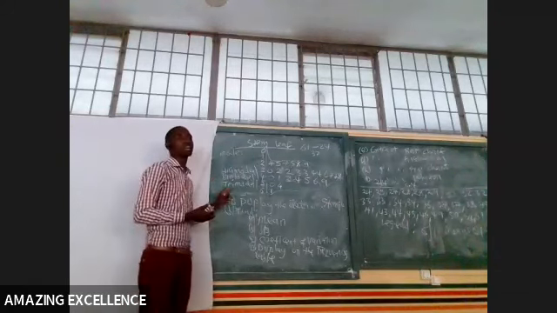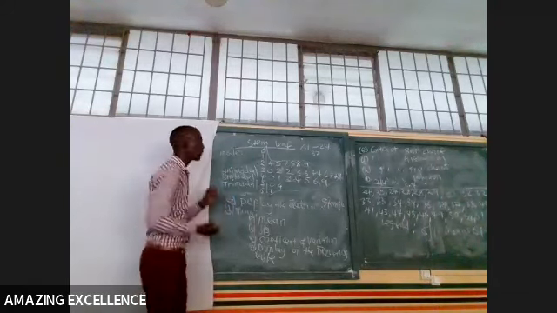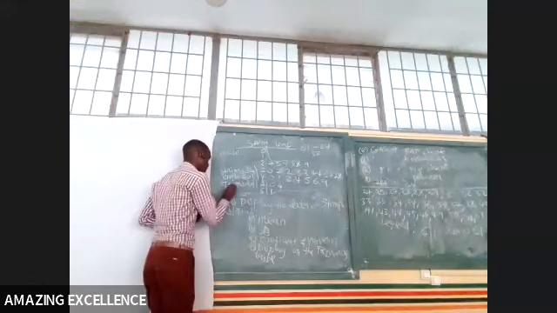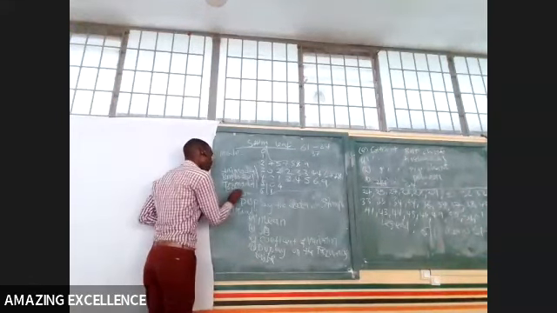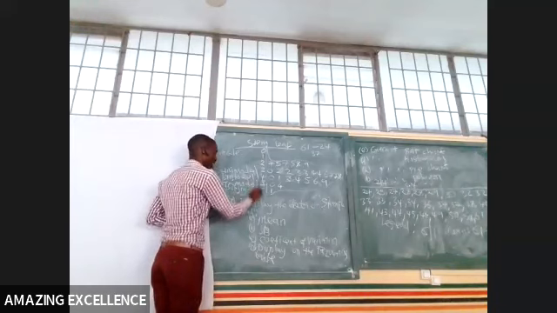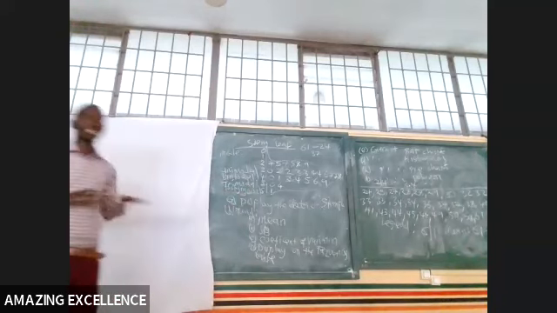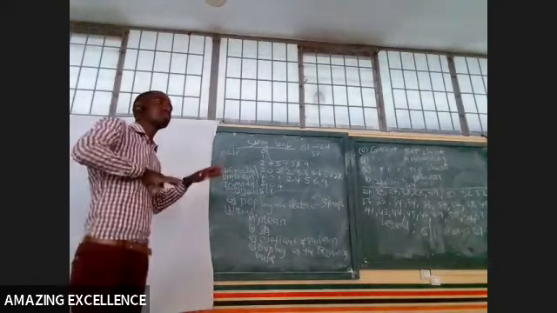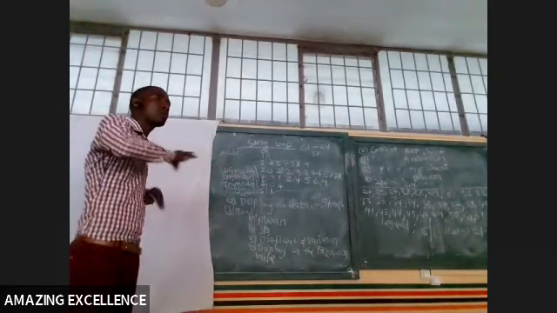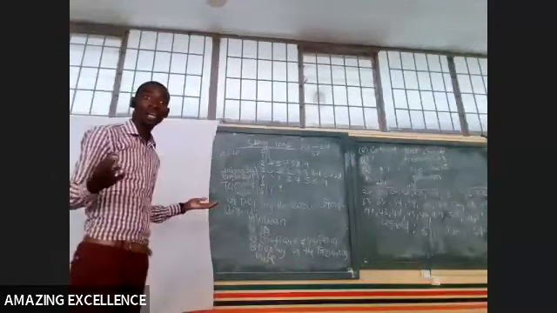Should the data set have more than 3 modes, it is said to be polymodal. Poly means many. So the data set is polymodal, meaning it has more than 3 modes.